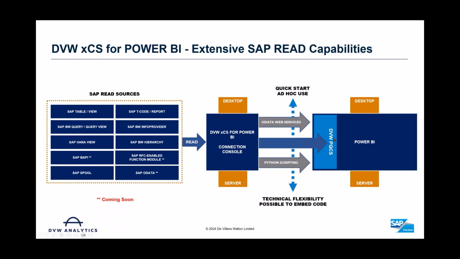What we've also seen just now is that we can control exactly how that connection, how that call looks from within Power BI. We can pass back parameters that dynamically change the structure of that call. Either way, we're pulling data back from SAP. The console does that work and passes that data straight into Power BI.